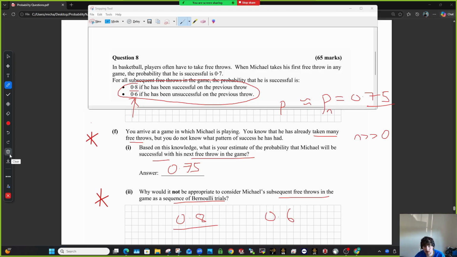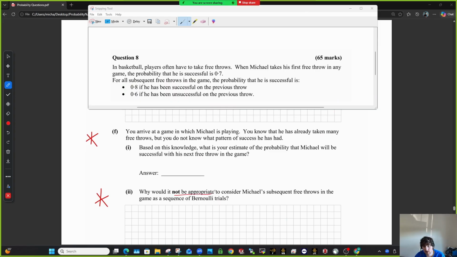So that's kind of why. Why is it not appropriate here? It's because success and failure is not constant. If he scores this shot, his subsequent free throws still depend on whether he scored just before, as in the chance of scoring can jump between 0.8 and 0.6. So hopefully people get that. It's a little bit of a funny question, where somehow his probability of scoring is 0.75 up there, but that's only because we don't know his pattern of success.